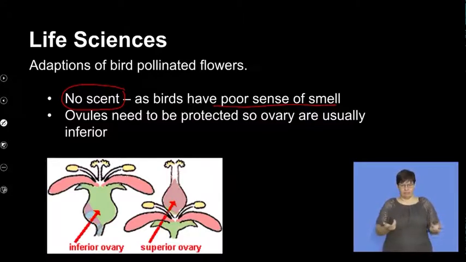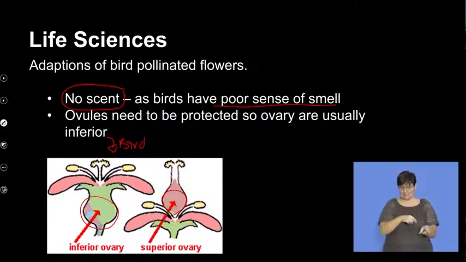Also a concept here, the flowers need to protect themselves. This is not a concept you need to know, but just have a look here. Some plants have the ovary at the top, they call it a superior ovary. Some plants, the ovary is deep into the plant. And this would be a good thing if you're a bird pollinator. Why?